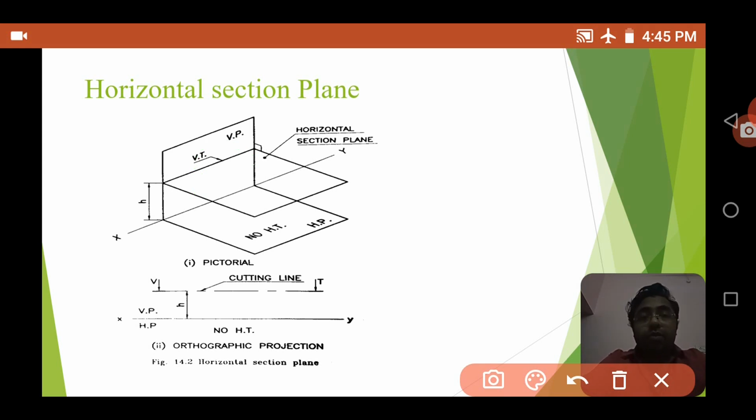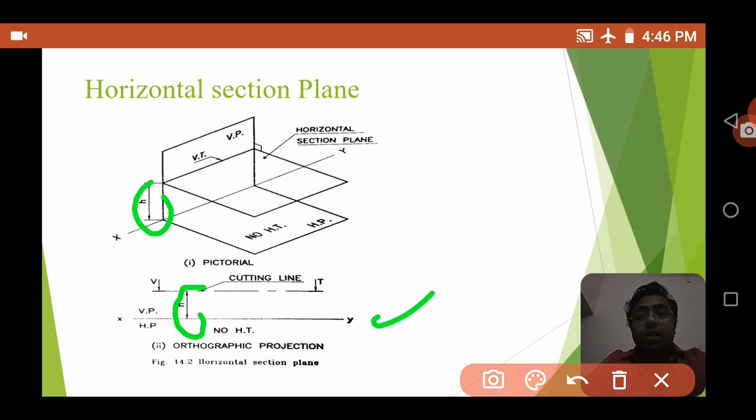But in the orthographic projection, which we are going to draw in our sheet, there is the xy line, and then a certain height is given in the pictorial. You can take this height and mark it as a cutting line.